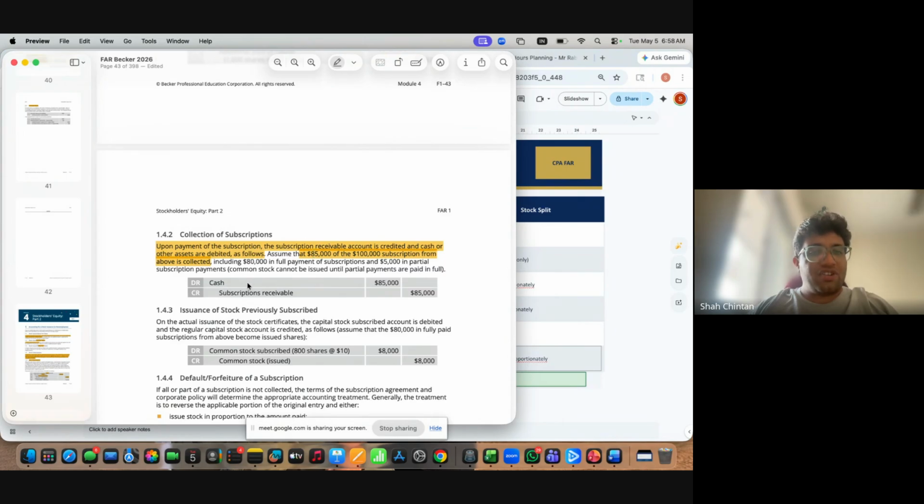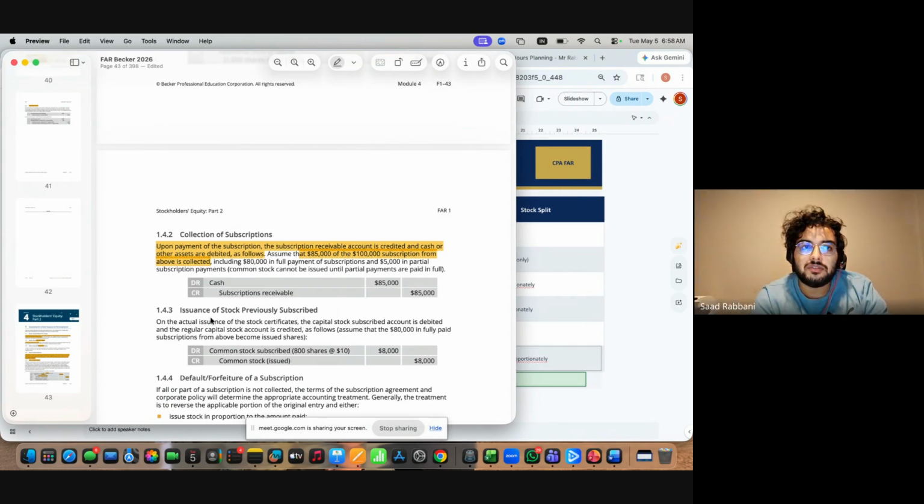So entry is cash account debited to subscription receivable, including 80,000 in the full payment and 5,000 in the partial subscription payment. So आपने 1 लाख का subscription receivable रखा था, उसमें से आपको 85,000 मिल चुका है. Entry is cash account debited to subscription receivable. But don't we have to wait till 100,000?